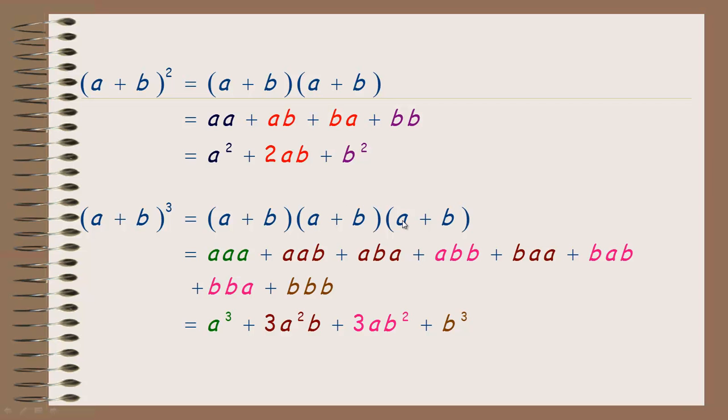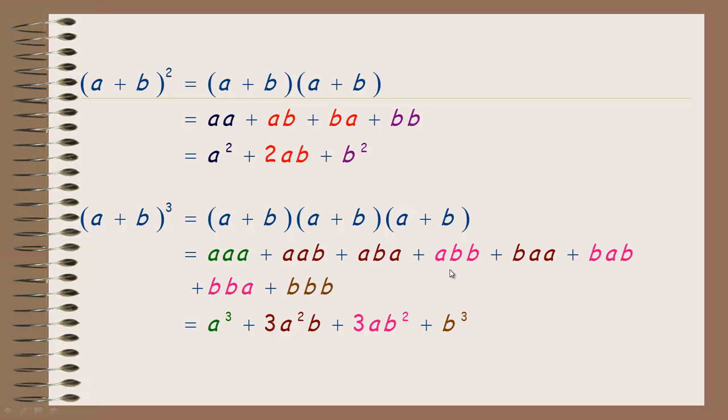All these terms are always multiplying a single term in one binomial by a single term in another binomial. We would normally call this an a squared b. It doesn't matter what order it's in, a squared b, a squared b. There's three of them. The reason there's a 3 there is because there's 3 ways to get 2 a's and a b.